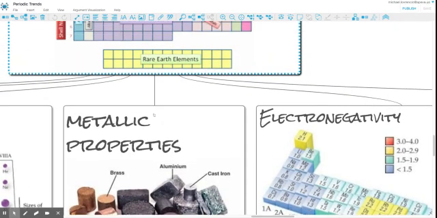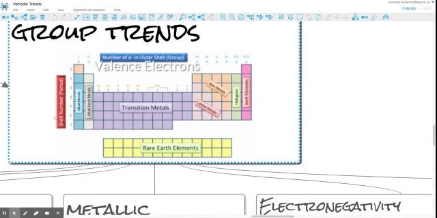And it's because, as we go down those groups, those valence electrons are easier to remove, which means you're going to have elements that form cations. And so you're going to have elements whose metal properties are more pronounced at the bottom of the group than at the top of the group.